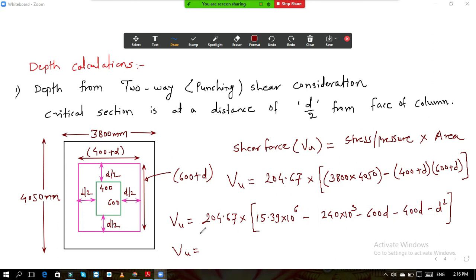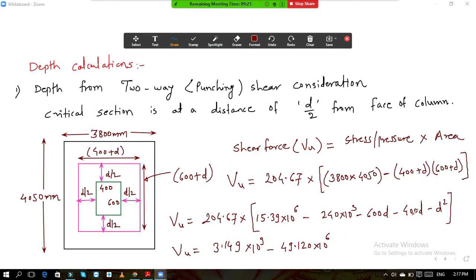So how much is it now? 204.67 into the first quantity, 15.39 E6, is 3.149 into 10 to the power 9, minus here it is 240 into 10 to the power 3, so it is 49.120 into 10 raised to 6.